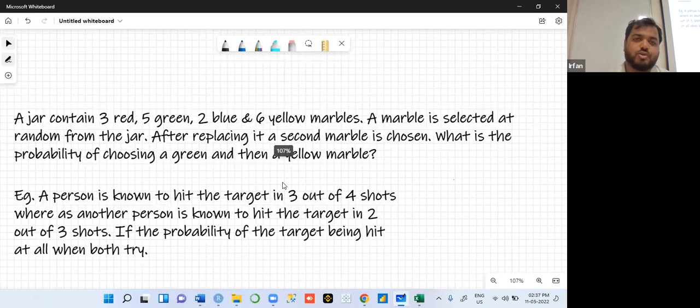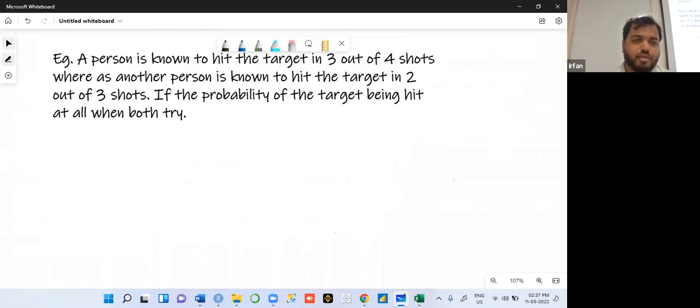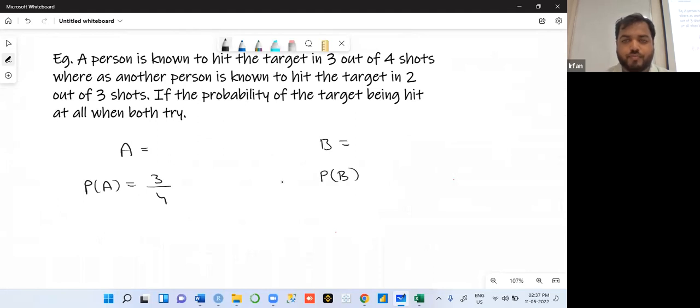This was the previous question. So here A is the first person and B is the second person. The probability of the first person hitting the target is 3 out of 4. Second, we have person B. He fired 3 times.